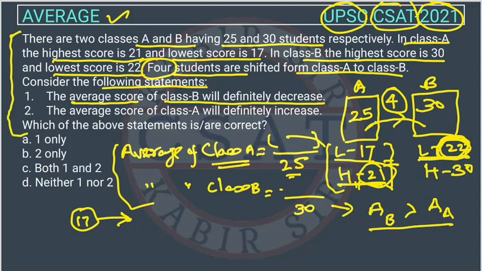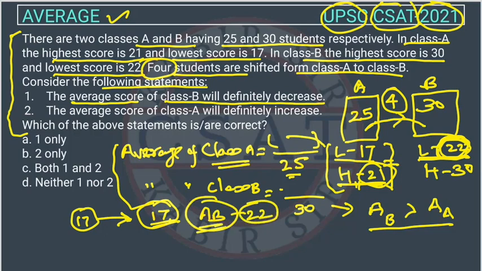Initially the average of class B was at least 22, but now we are getting students whose marks are 17. So the average of class B will decrease. Why? Because previously it was 22 and now we are getting students having marks of 17 or nearby. To compensate for this difference of 5 marks, the average will reduce, right?